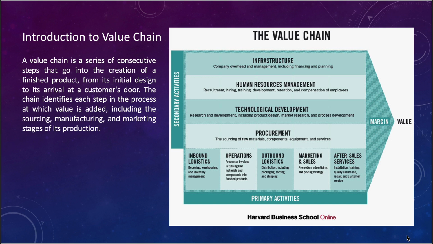Then to create a product, we add value to the raw material, then we give the outbound logistics, marketing, and after sales, which gives out an entire product. And the value of that product is made out of all these components, right?